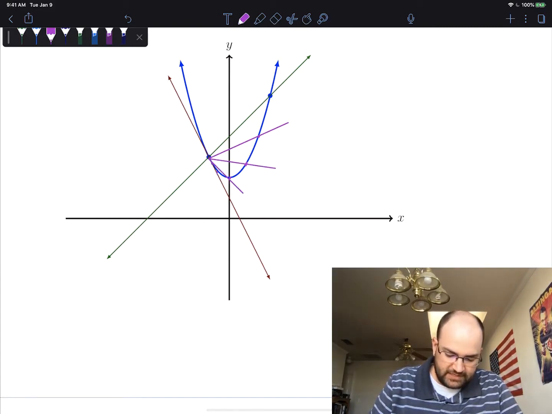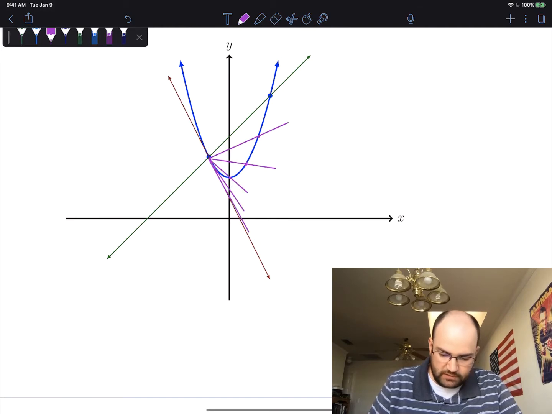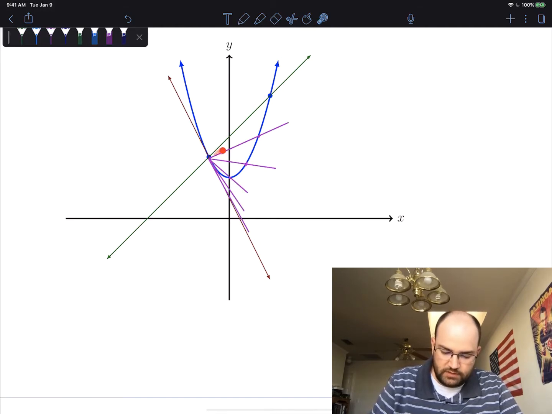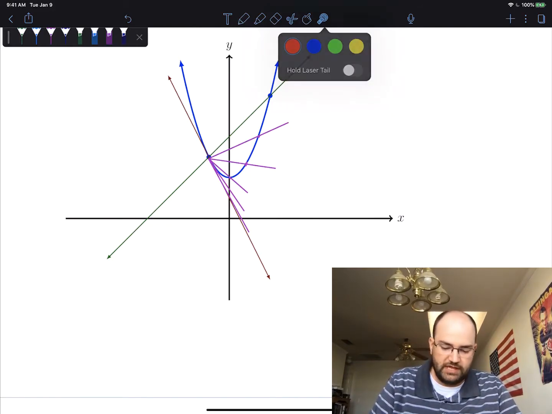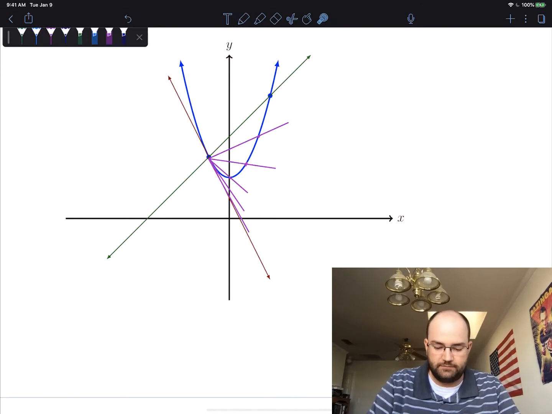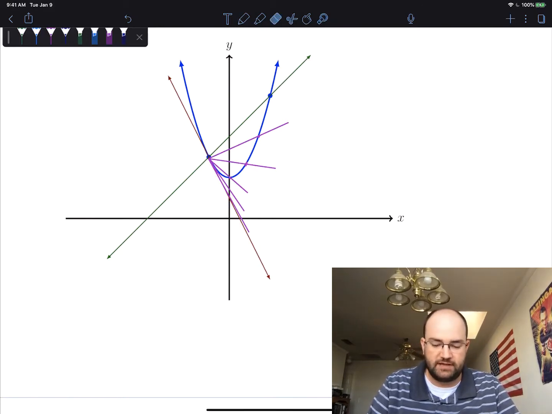And notice that as I'm getting closer and closer and closer to the actual value itself, the slope is approaching this more and more. Now, eventually it will reach the actual tangent line itself, but it's going to take an infinite amount of time.